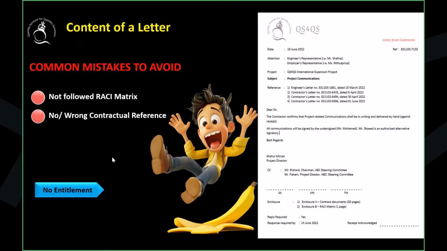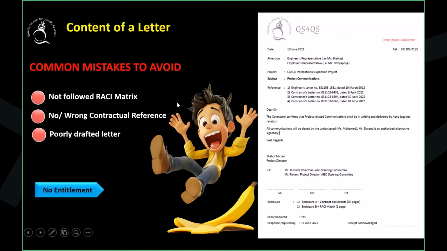So you have to mention what contractual reference that you have, then only you have to write. Otherwise, you don't put the contractual reference or wrong contractual reference, right? It's going to be a problem. Okay. So therefore, you have to make sure you do that properly.